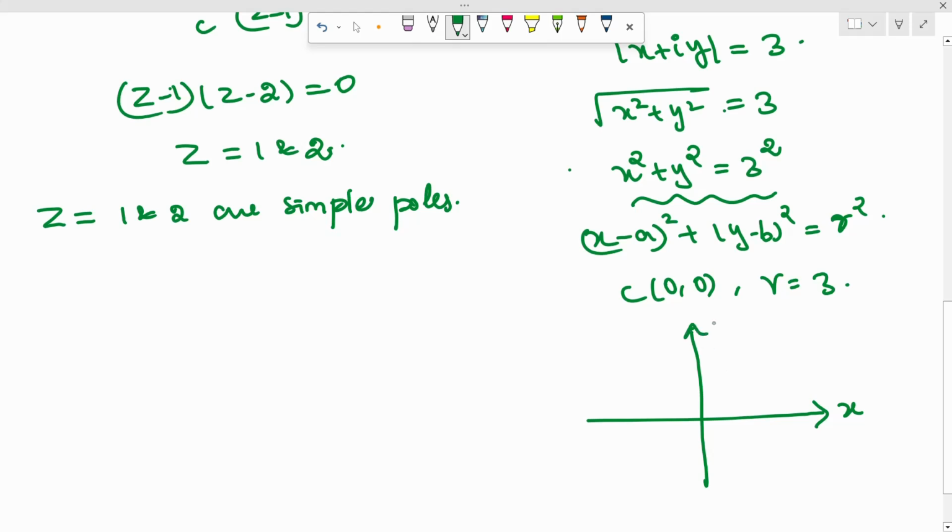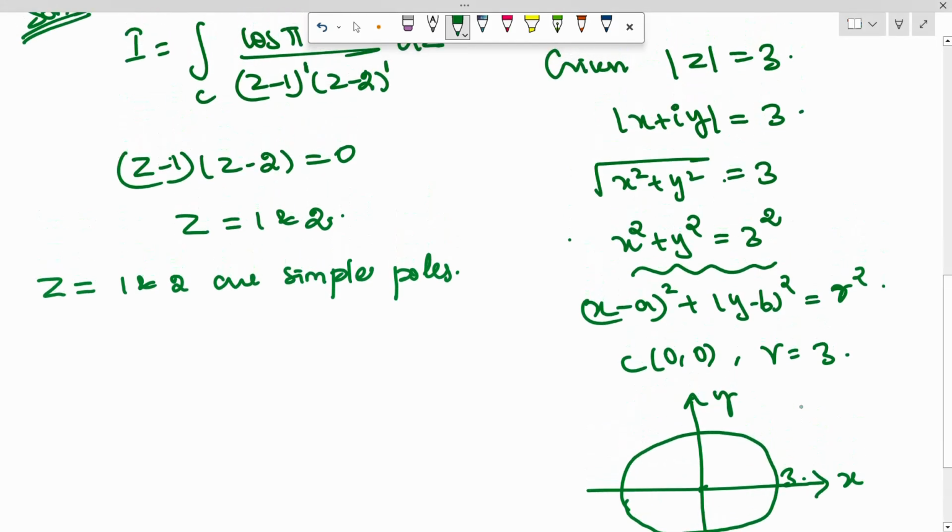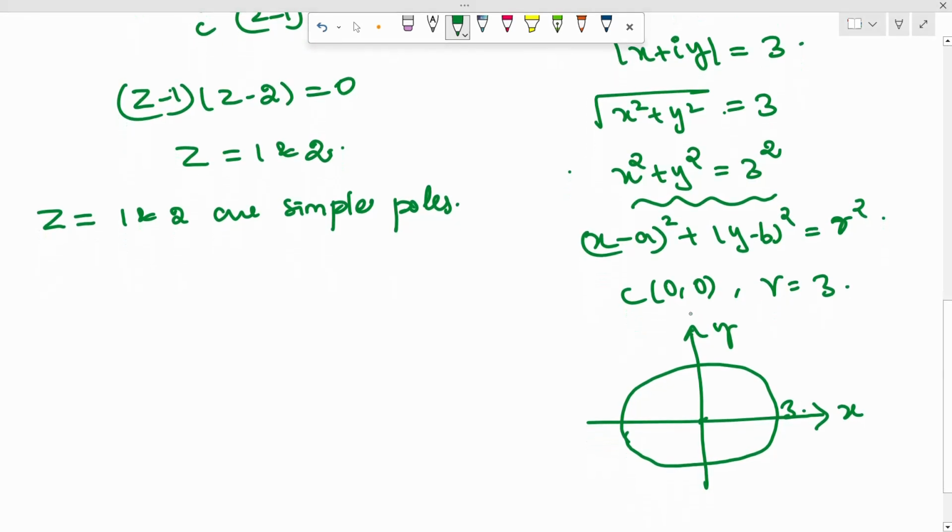Draw the x-axis, the y-axis, and the center at (0, 0), with radius 3. Modulus of z equals 3 means the center of the circle is (0, 0) and the radius is 3. Now 1 and 2 are the simple poles.